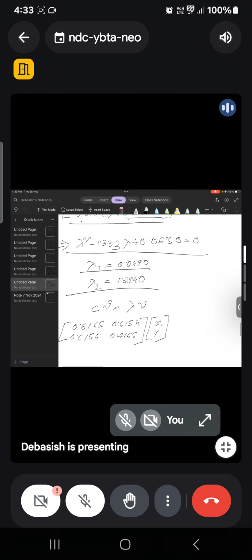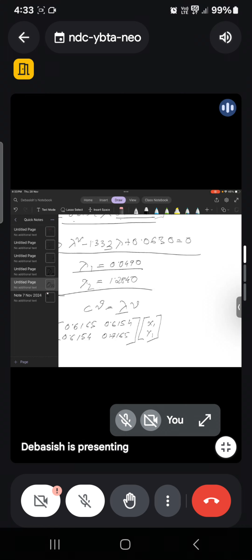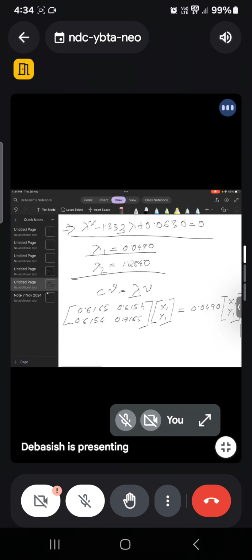For the first value of lambda, 0.0490, we calculate, and for the second value we calculate again. Each gives us one eigenvector.